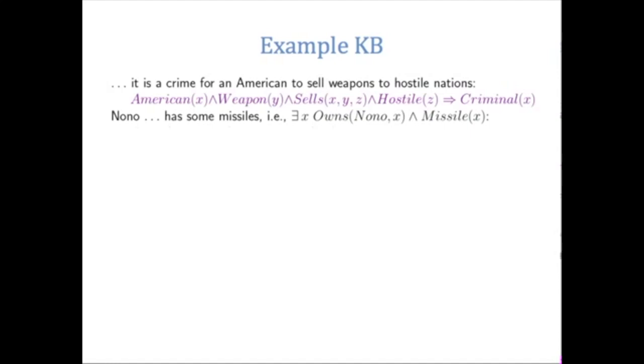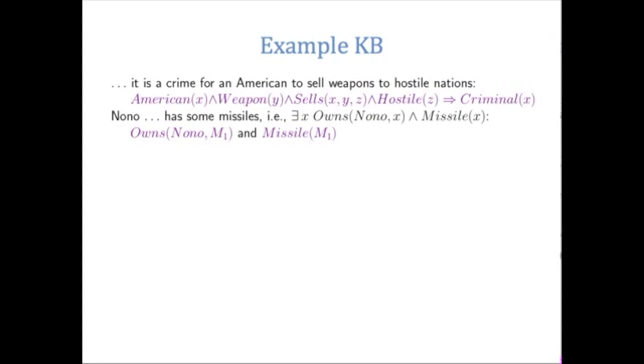Right? So next we need to represent the sentence that the country of Nono has some missiles. In other words, there exists some X such that Nono owns X and X is a missile. So we'll express that as two separate positive literals, or positive clauses.